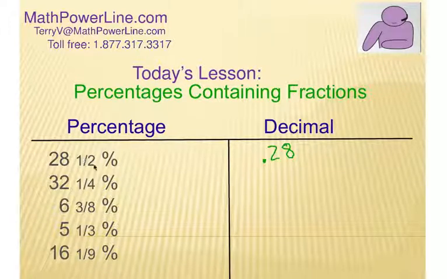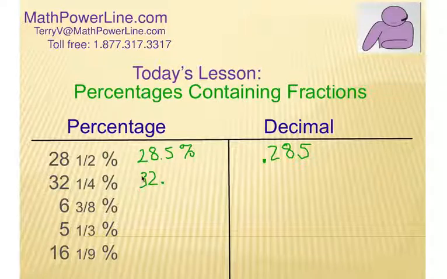If you divide the 1 by the 2, you get 0.5. So really 28.5%. Notice it's still a percentage, and then we move the decimal over 2 places. So this would be 0.285. Simple as that.